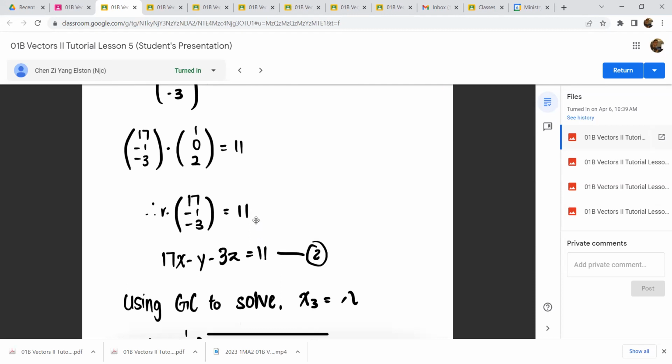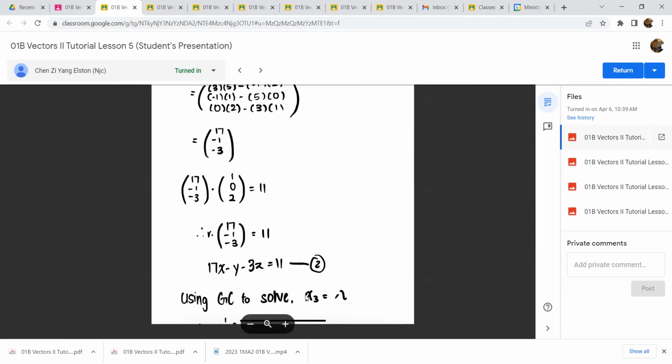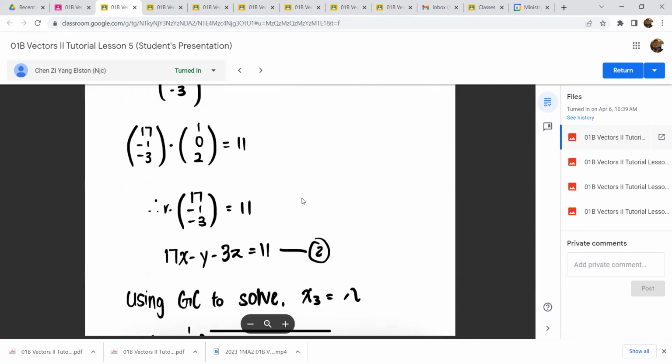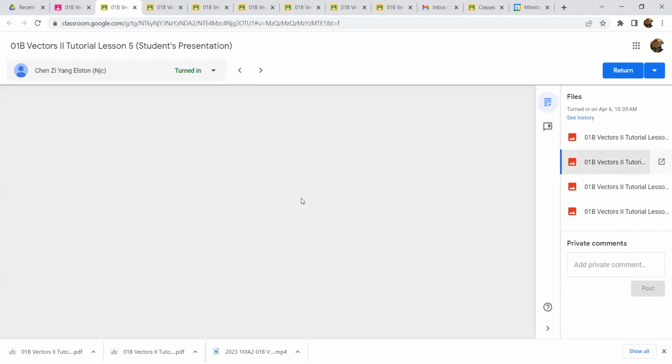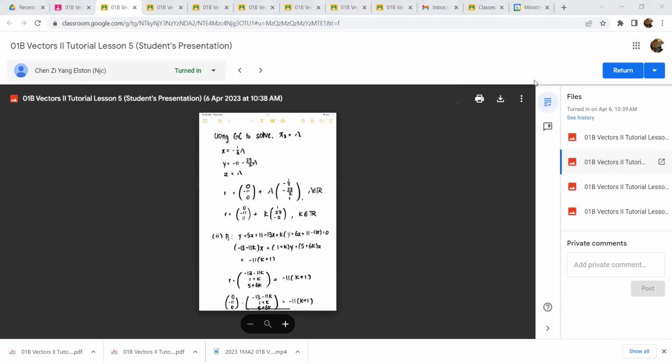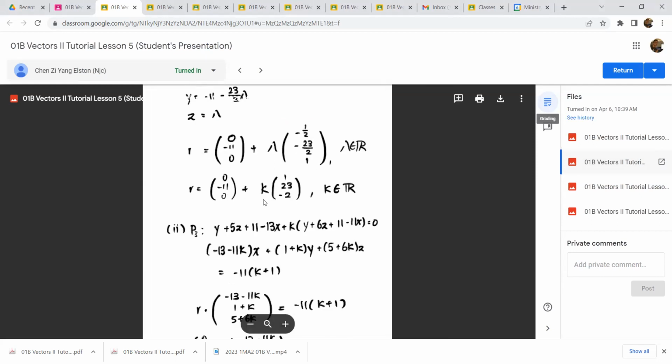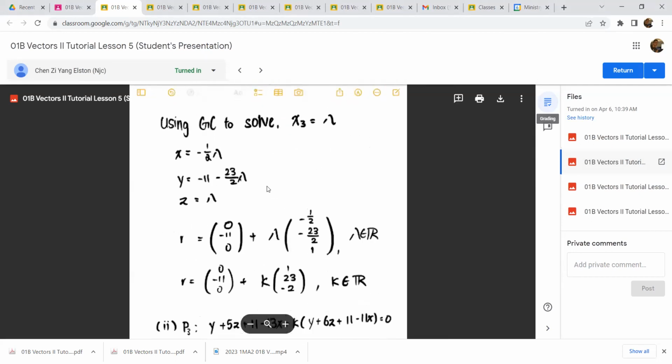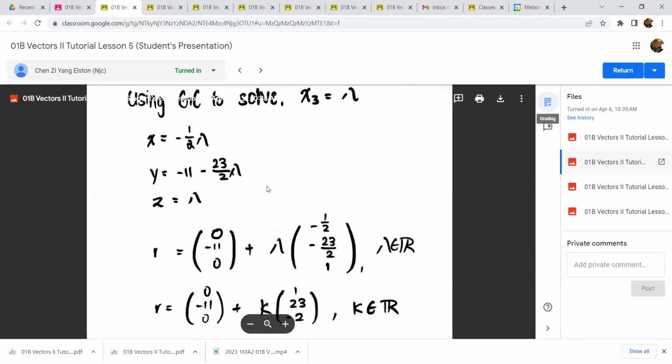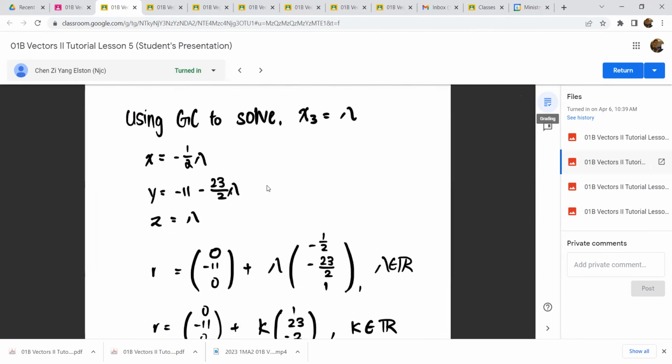Then now you have the equation from plane one, using the values to put them in parametric form for the line equation.